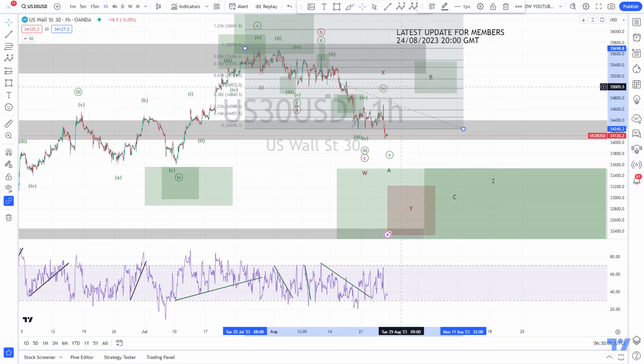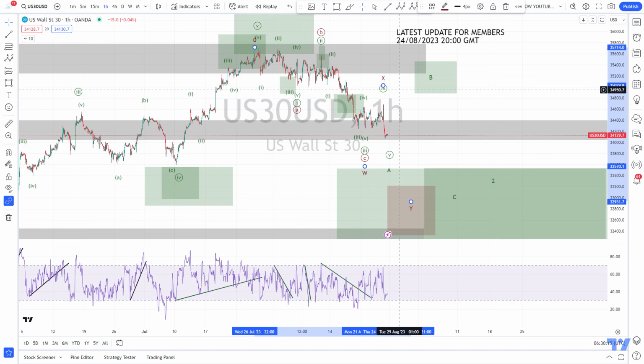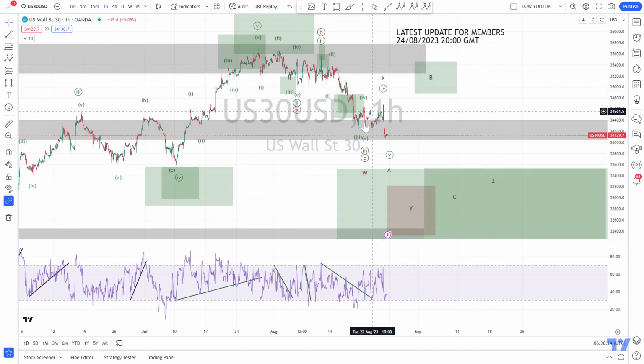We did not go there, so that's why I don't like to make this my primary scenario. I would go now for the ABC till we reach this kind of zone. But of course, these shallow retracements are possible. These are financial markets. Everything is possible. So I cannot exclude it. But it's not my primary scenario.